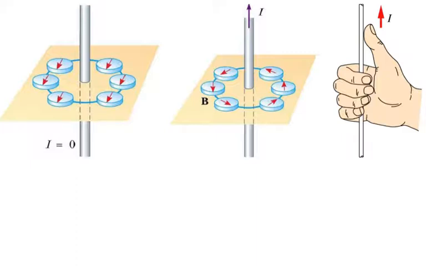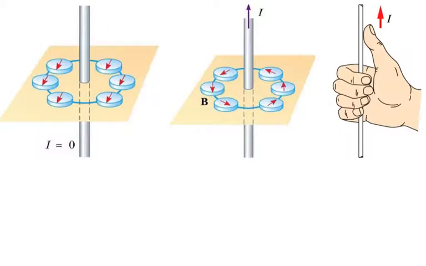To determine this magnetic field, you have to use the right-hand rule. Here in the picture, you see the right-hand rule. Here we have the current, in red. If your thumb points in the direction of the current, then your fingers will show the direction of the magnetic field.